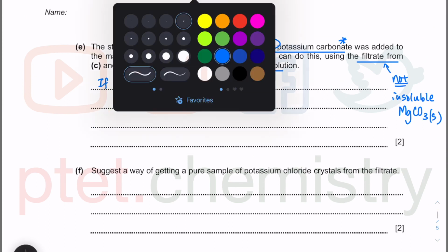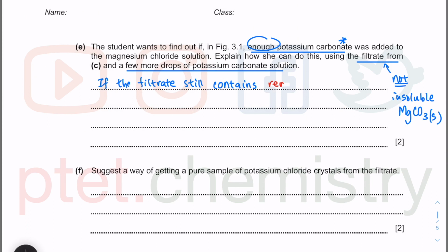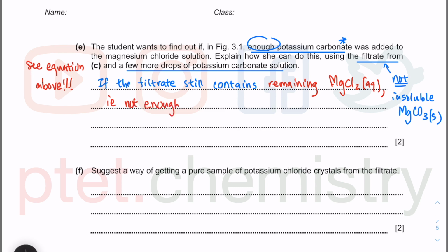If the filtrate still contains remaining MgCl2 aqueous, so see the equations above, i.e. not enough potassium carbonate added, then what will we see?